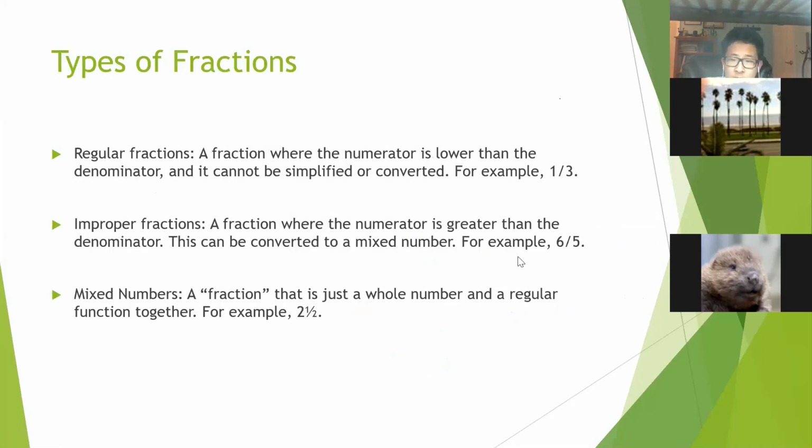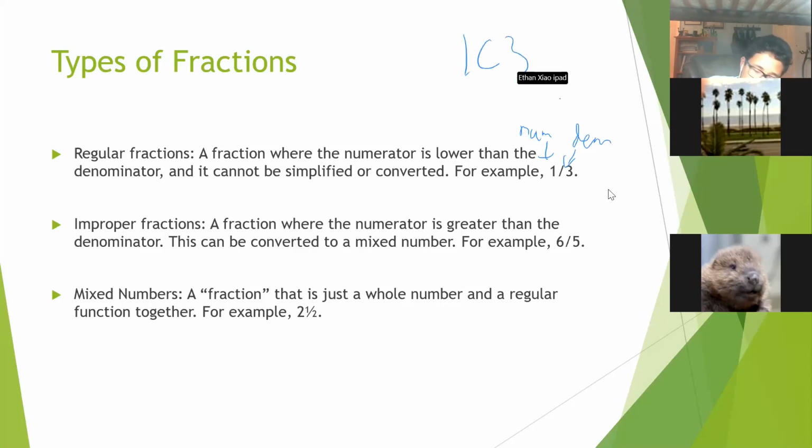So now I'm going to teach you about different types of fractions. Regular fractions are fractions where the numerator is lower than the denominator, and it can't be simplified or converted to any other type of fraction. So for example, this is 1/3. The numerator is lower than the denominator. 1 is less than 3.